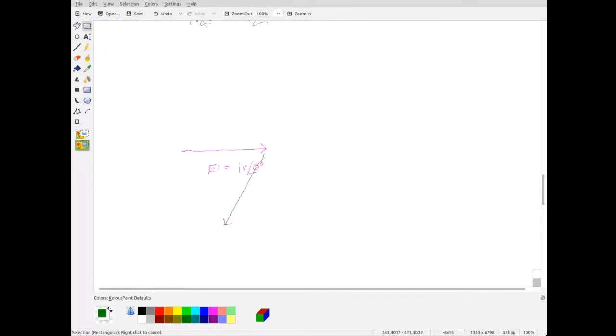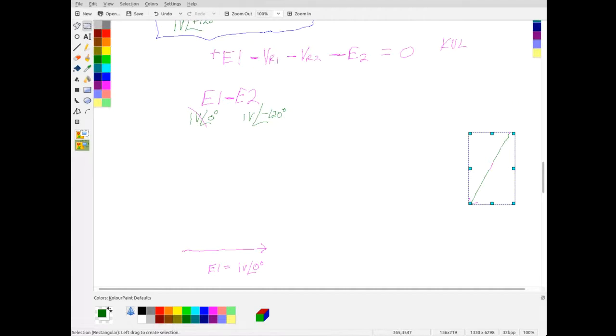okay, so if we were to add them together, we would add it this way. However, we're not adding it, we're subtracting it. All right, so we are subtracting over here, right? We are subtracting, that's a minus sign there, right? We're subtracting E1 minus E2.